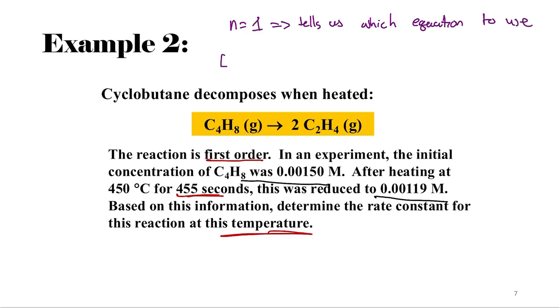The fact that we have C4H8 at a certain time, the initial concentration, and the time it took, that tells us that we're going to use, of the 3 types of equations that we talked about, experimental, integrated, or Arrhenius equation, which of those are we going to use? I think you already said it down. The integrated rate law, right?